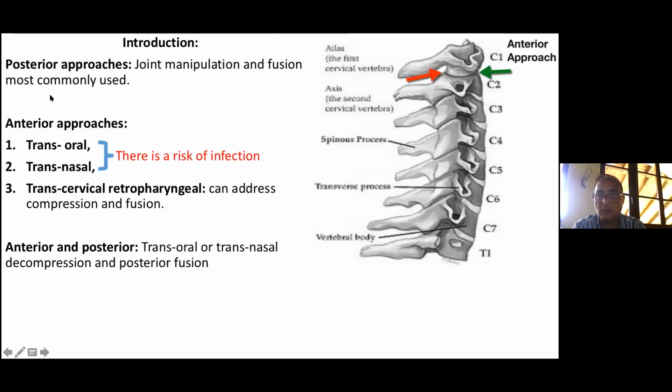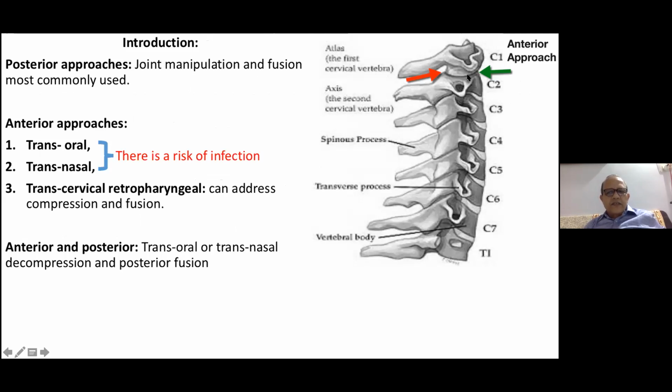So the approaches for craniovertebral junction can be from the posterior side, as it is shown here. For craniovertebral junction anomalies like atlantoaxial dislocation or basilar invasion, the basic pathology is at the facet joint.